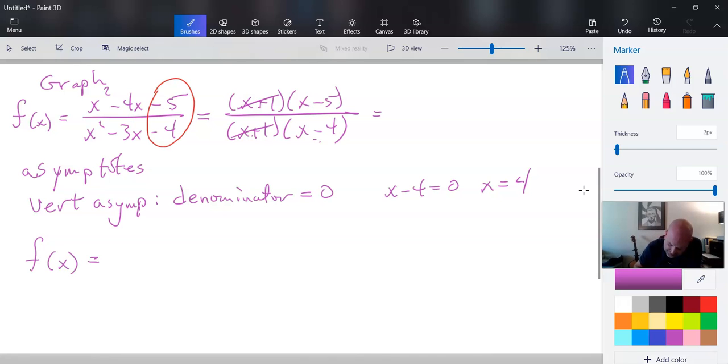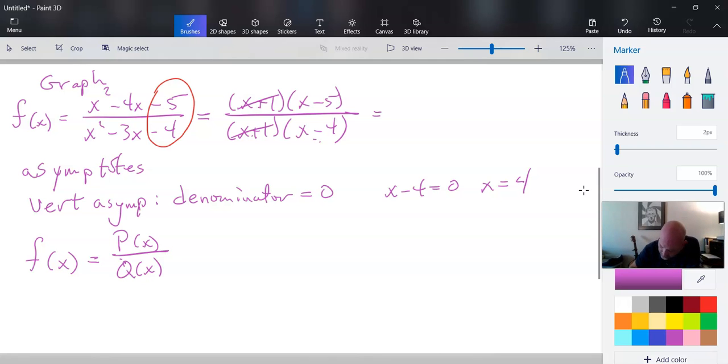If f of x is equal to p of x divided by q of x, then vertical asymptotes happen where q of x is equal to 0. Horizontal asymptotes are going to depend on the degrees here.